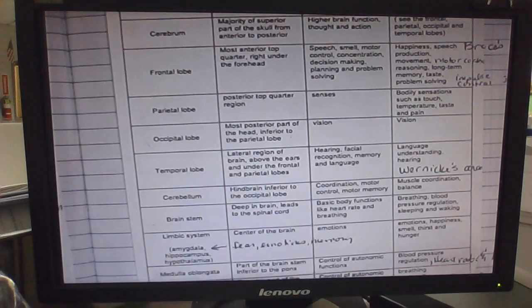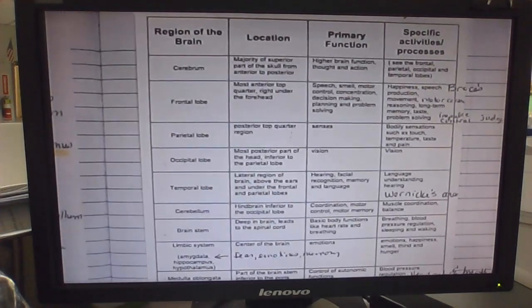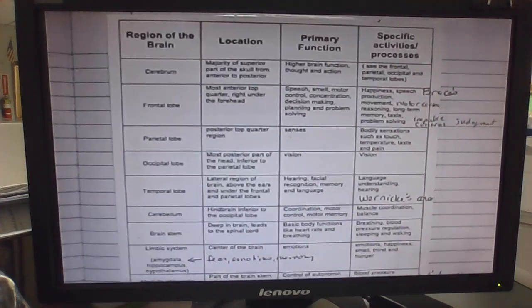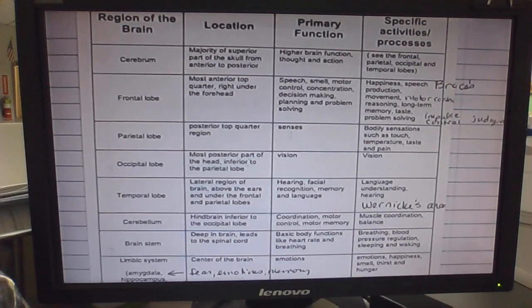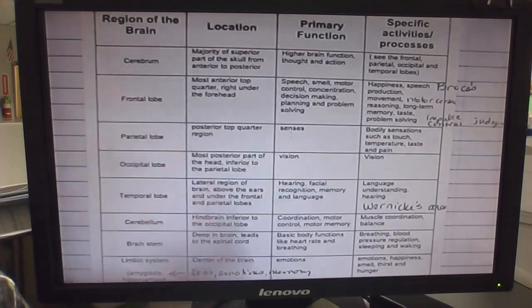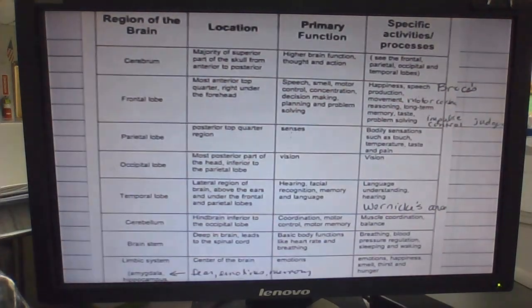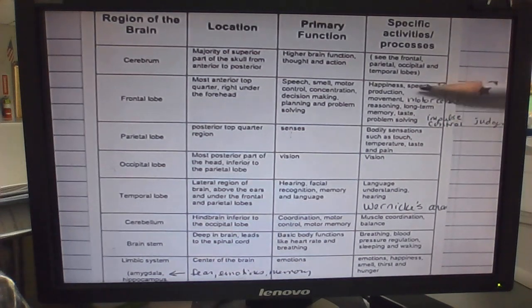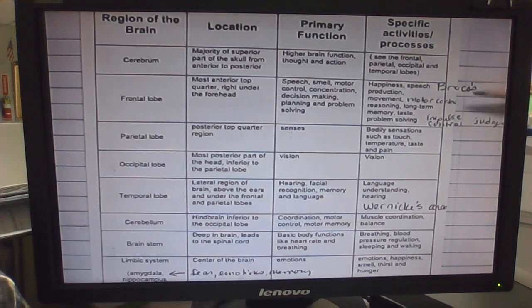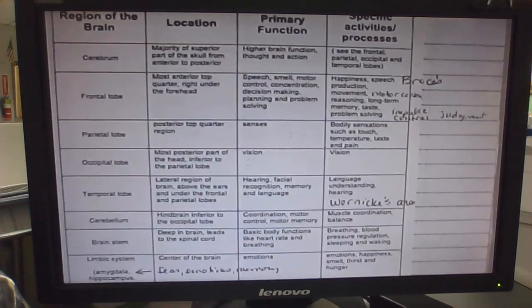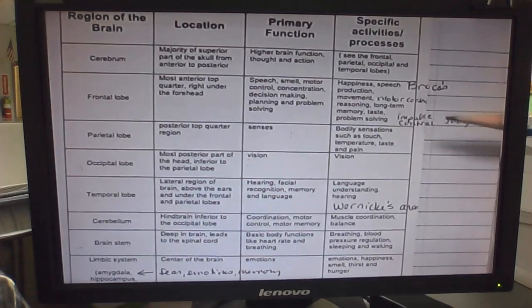Most of the rest of the regions are on the insert. A few things that I have added here. Frontal lobe, speech production, so Broca's area. Movement, motor cortex. Oh, and frontal lobe I've added on here.